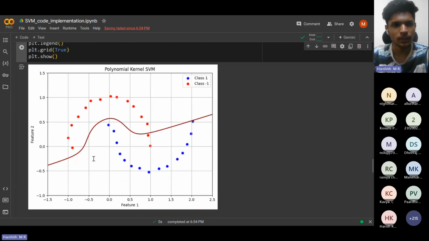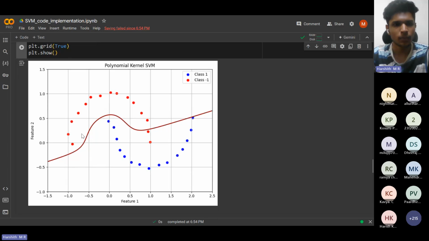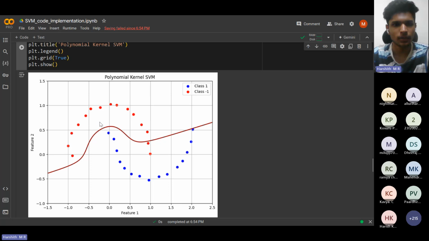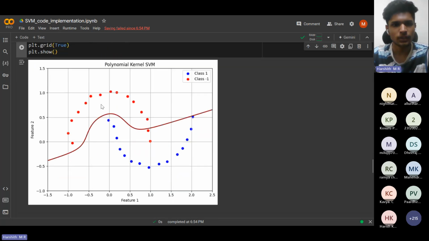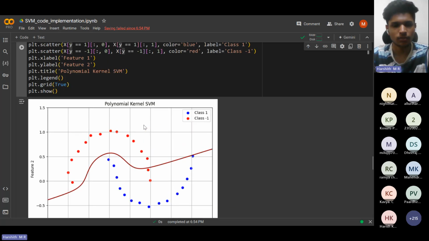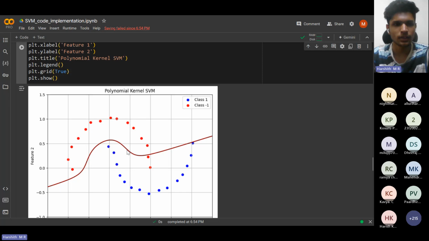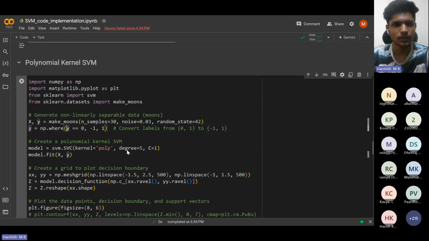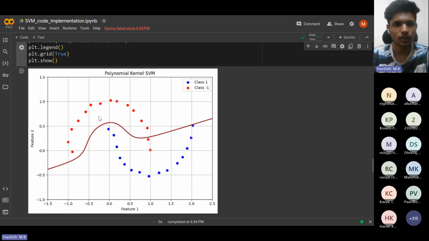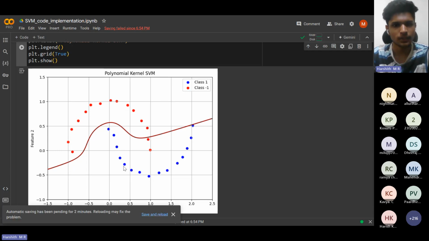So when you plot it, our polynomial kernel SVM predicts this hyperplane. Most of the points are correctly classified using this plane. You guys can play with these values, the degree of the polynomial and the C value, so that you'll be able to get a proper hyperplane which classifies these points 100%.